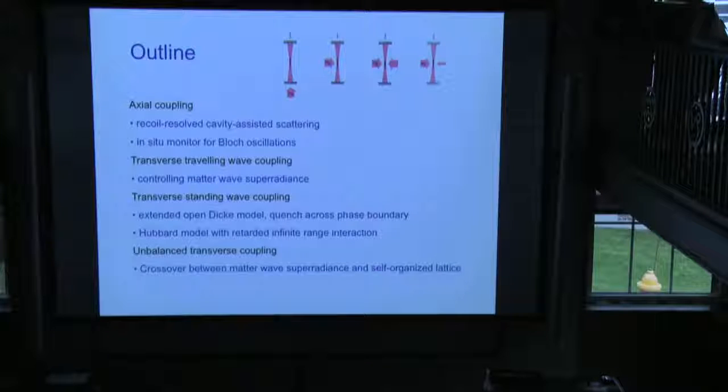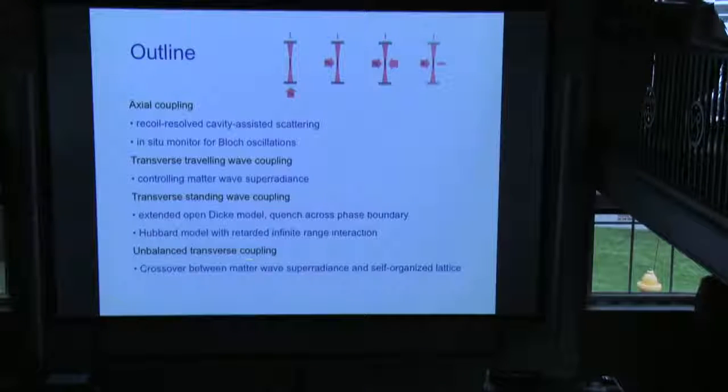And in that case, we are into the extended open Dicke model, and I will show you how we can do quenches across the phase boundary and what happens then. And also at larger lattice depth, one can combine the Hubbard model with the Dicke model, in the sense that a self-organized Mott insulator can be put together.